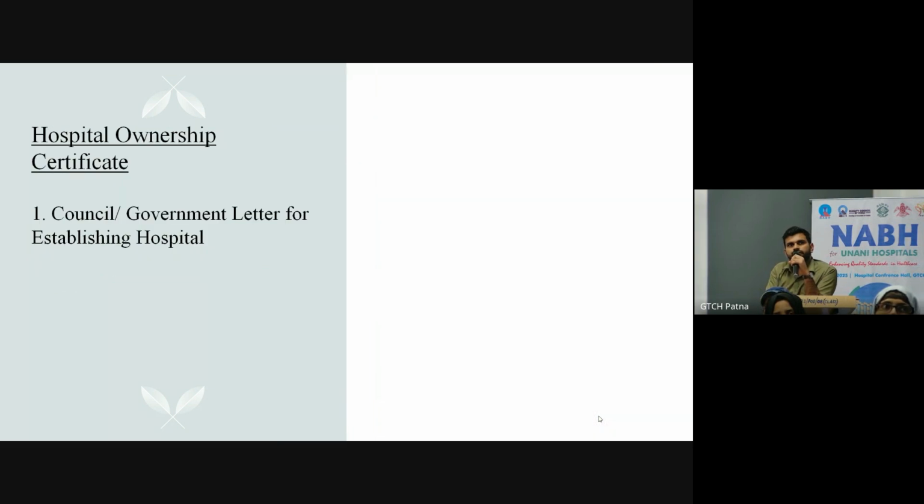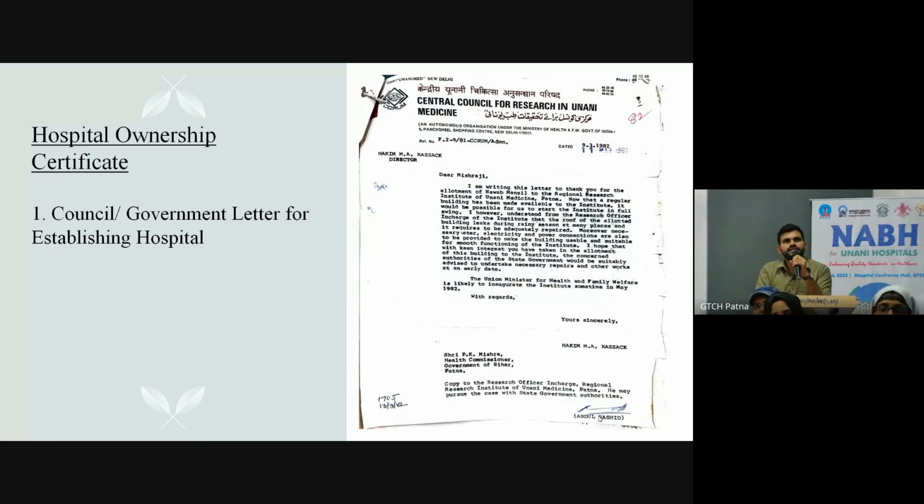Next is the hospital ownership certificate, as it is given by the council or whoever your governing body is. It will provide you this certificate, and it looks like this. Our council is the Central Council for Research in Unani Medicine.